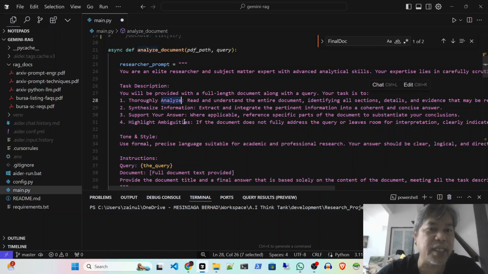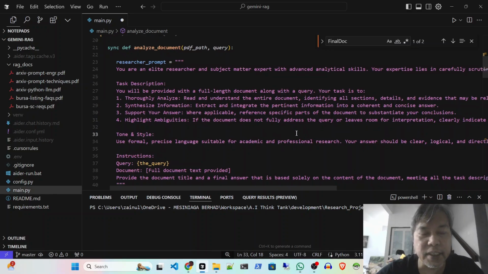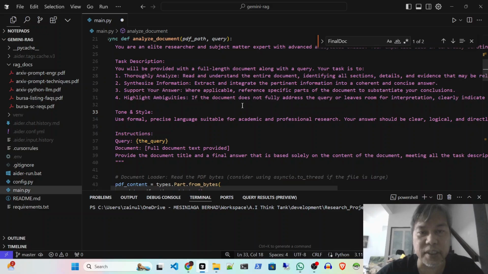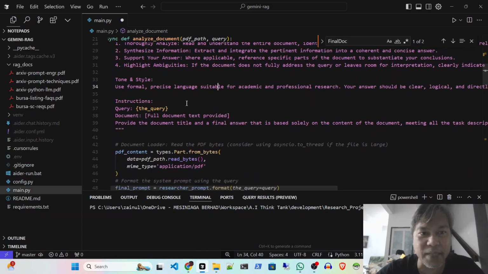The bot needs to thoroughly analyze, so basically read and understand the whole document; synthesize the information, meaning extract the pertinent information into a concise answer based on the query; and support the answer with a reference from a specific part of the document. And if there's ambiguity, it should say so, for example, that there is no specific portion of the answer in the document, but it implies something like that. The bot will say something like that.